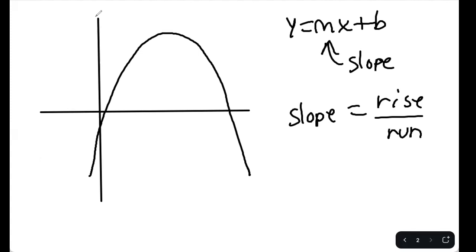But if I asked you, how steep is the hill here? You would say, less steep. And what if I asked you, how steep is the hill here? You would say it's not steep at all. It's flat. If we were using a number to describe how steep it is here, we would probably say 0, right? There is zero steepness. Does that make sense? Yeah, it makes sense.